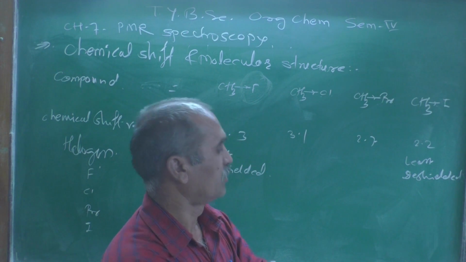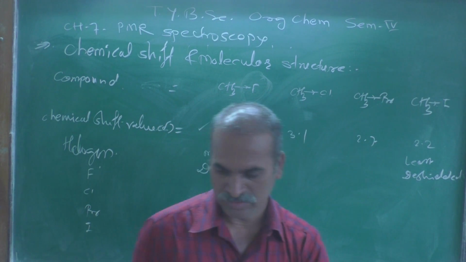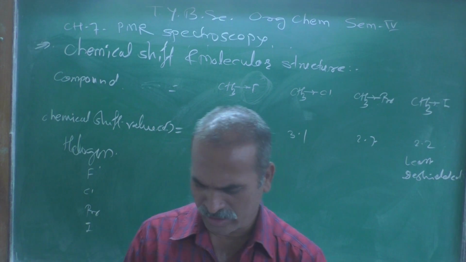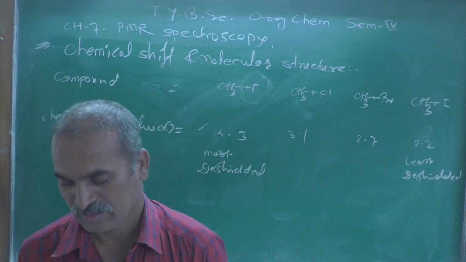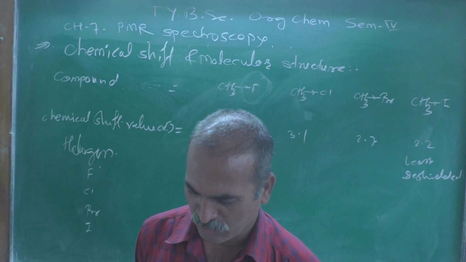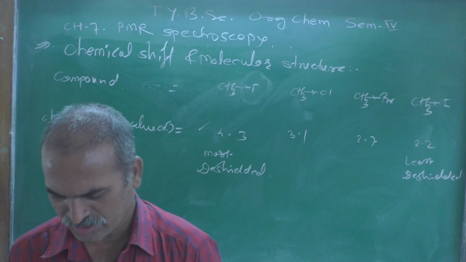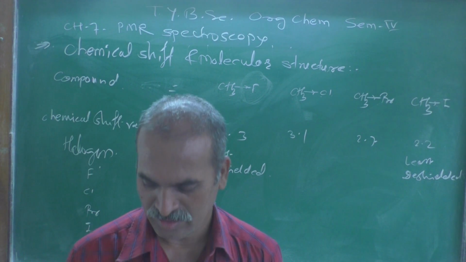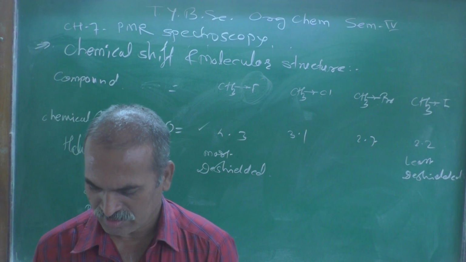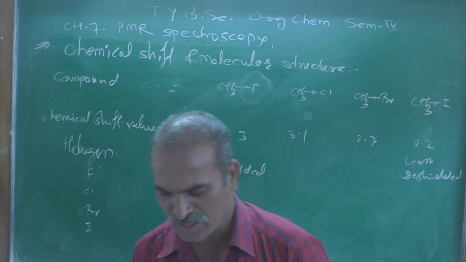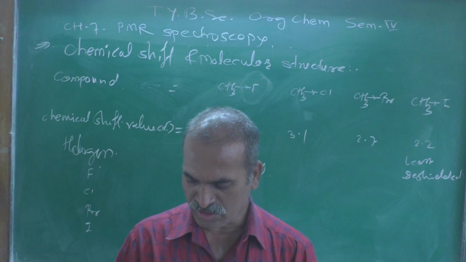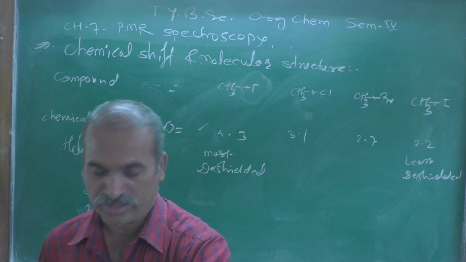So we have seen how, as the electronegativity of fluorine is highest, the methyl protons in methyl fluoride are most de-shielded, and therefore the delta value is highest. With methyl iodide, the de-shielding is least, and hence the delta value is least. As the electronegativity increases, de-shielding increases, and the delta value also increases.